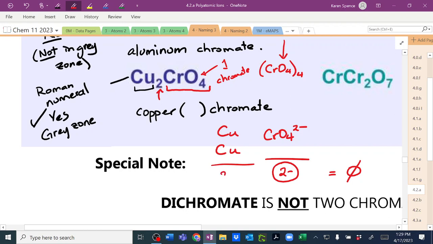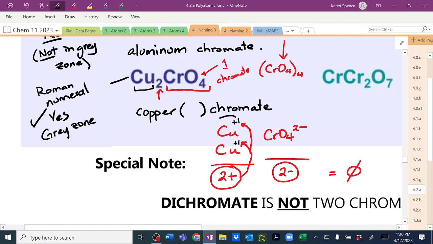So the positive charge has to be 2 plus. But I need to take that positive charge and say it came from 2 coppers. So I need to spread that charge out onto the 2 coppers. What will the charge of each copper be? Plus 1.